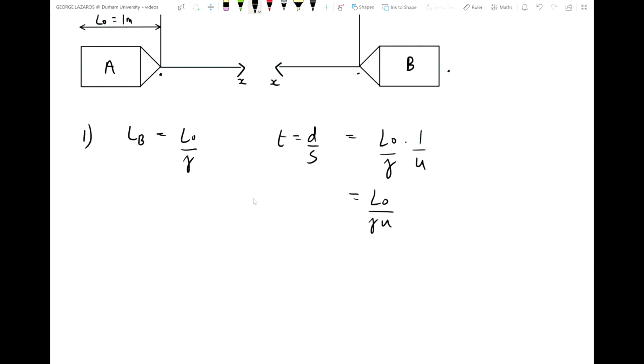Now for the position, as previously defined, the tip of A is at the origin of its coordinate system, so the position is just the 0 vector. So this gives our 4 vector for number 1 as L0 divided by gamma u, 0.